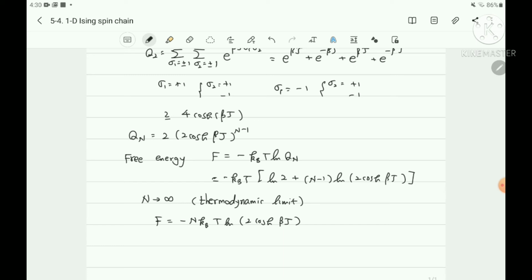As I said, if we know the free energy, we can calculate everything. This is the case without a magnetic field.